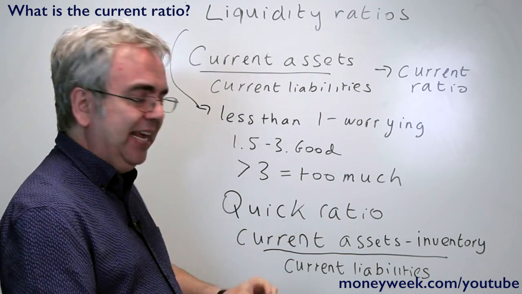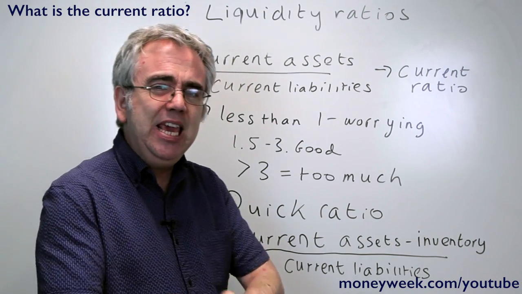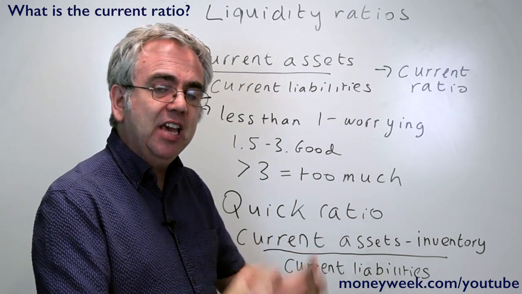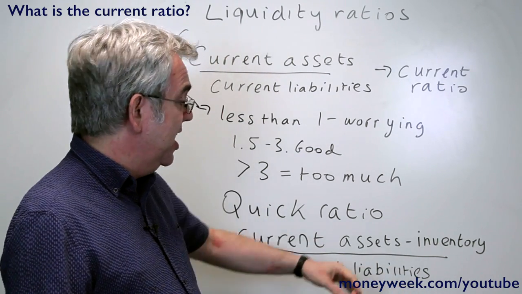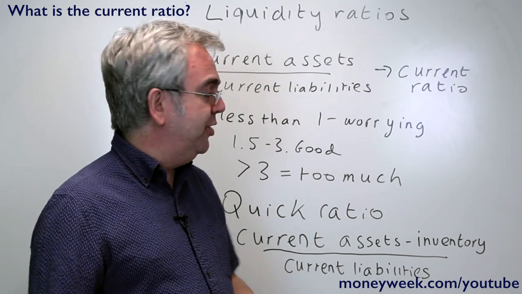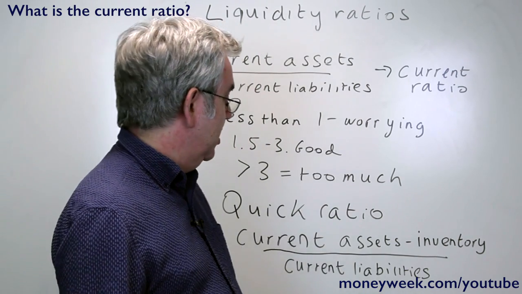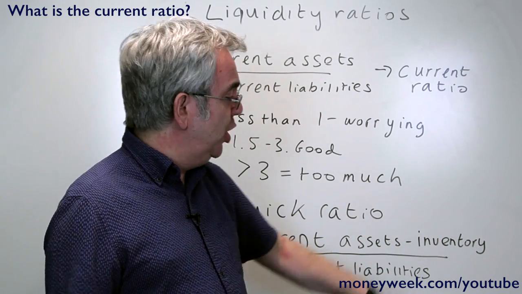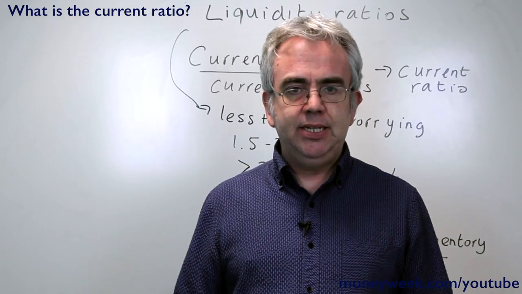So this is telling us a more rock hard, certain ratio, so you can be even more confident that a company has enough assets to get through the next year. So if the quick ratio is over 1, you really don't need to worry, because the inventory issue doesn't come into it. There's enough assets, excluding inventory, to pay those current liabilities.